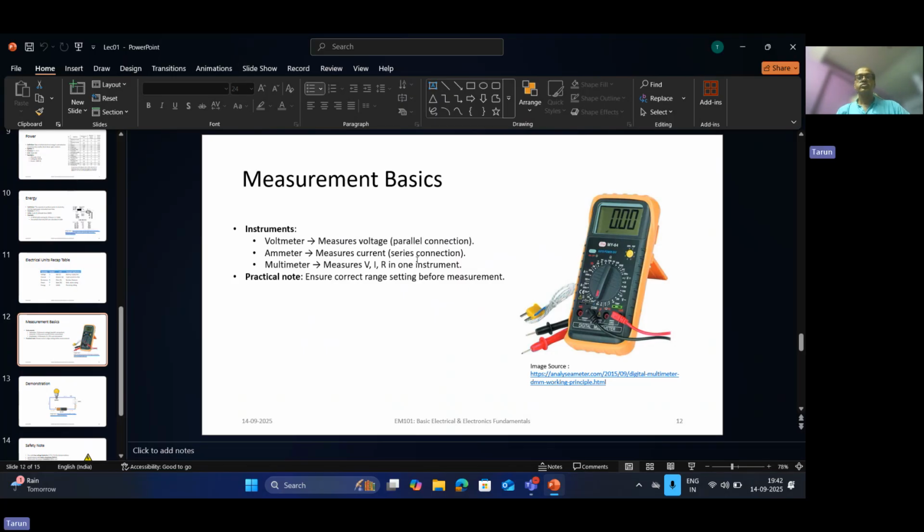When we use a measuring instrument, we have to be conscious about the range and settings of the instrument. Otherwise, the instrument may be damaged, and we can face electric shock. Right?